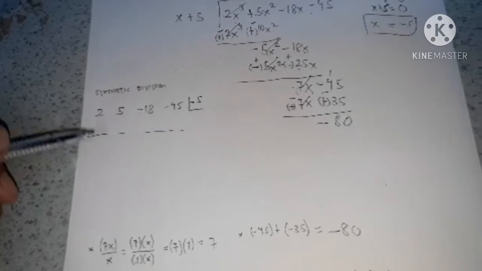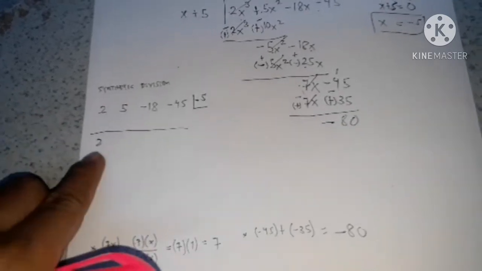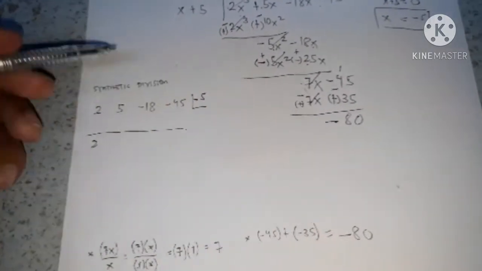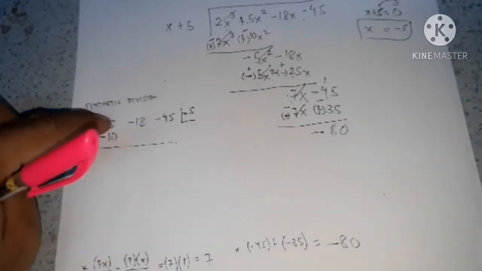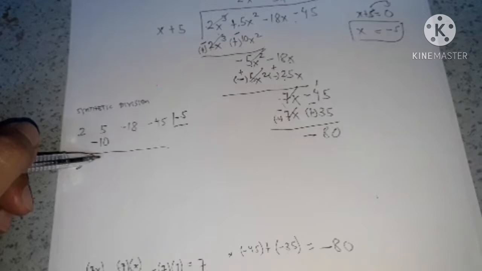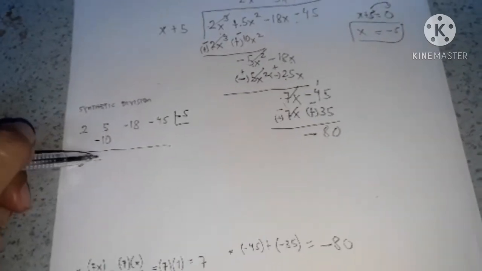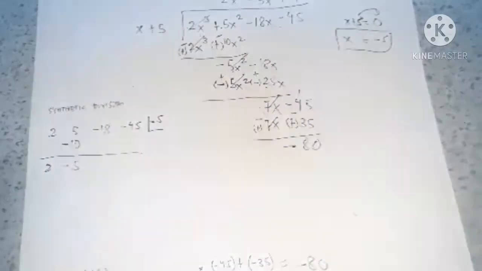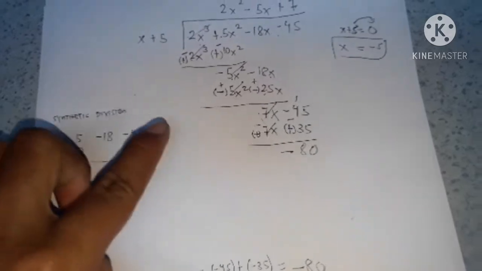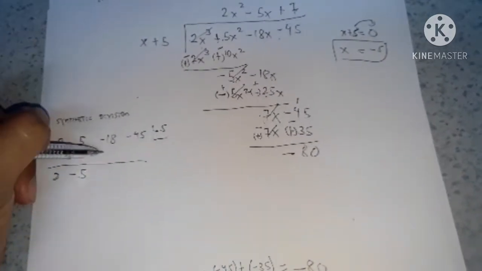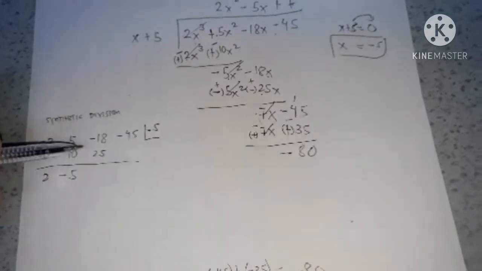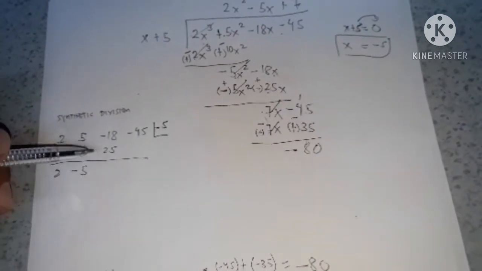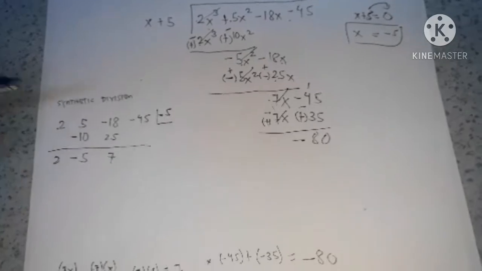Then, bring down positive 2. So, positive 2 times negative 5, that is negative 10. Negative 10 plus positive 5, that is negative 5. Then negative 5 times negative 5, that is positive 25. Negative times negative is positive. And then negative 18 plus positive 25, that is positive 7.